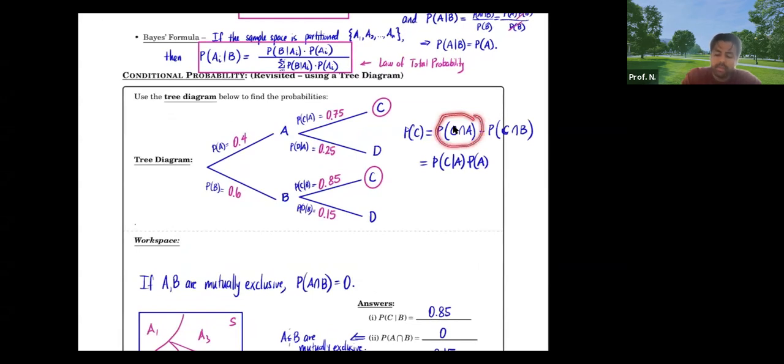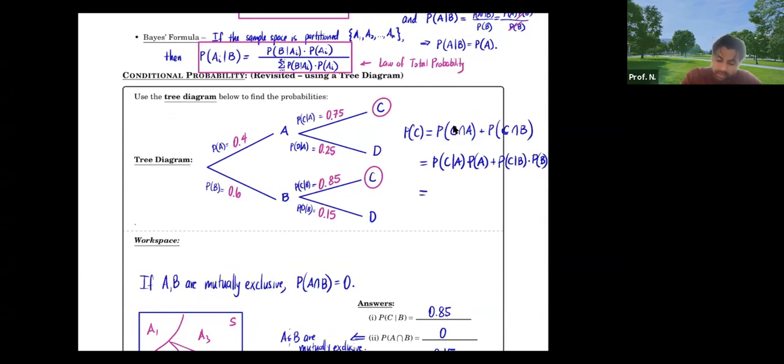How do you find the probability of C and A occurring? Well, it's equal to the probability that C given A times the probability that A occurs. And then you do the same exact thing here: the probability that C given B occurs multiplied by the probability that B occurs.